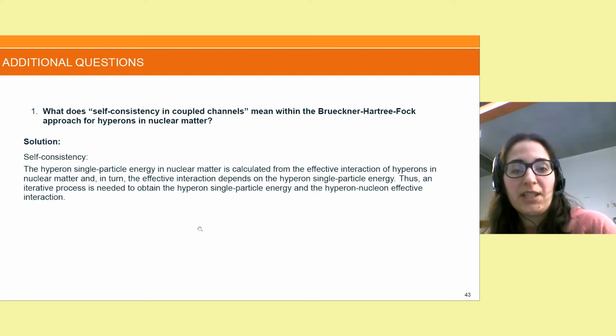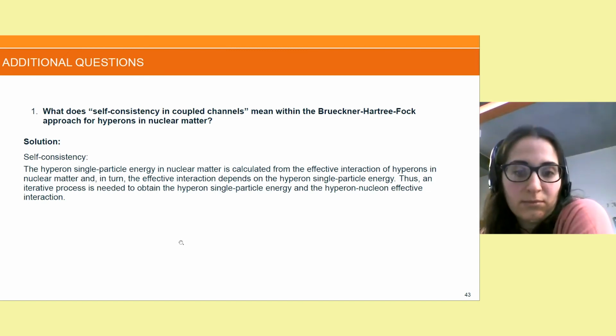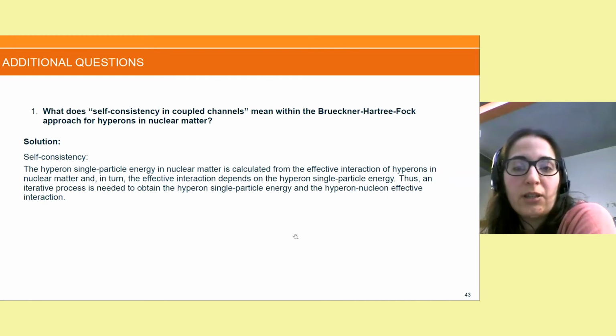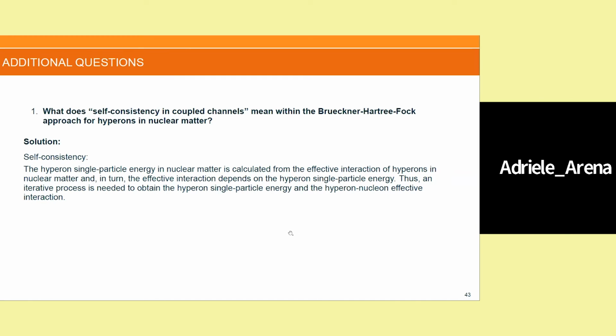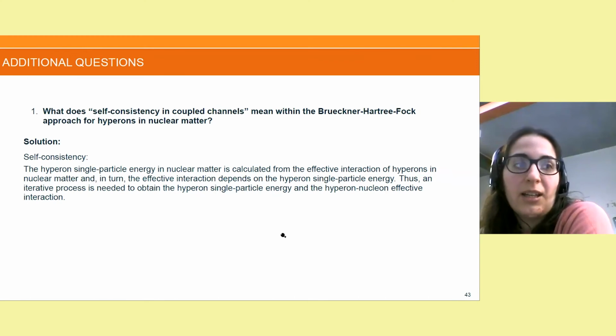And coupled channels, what does it mean? Maybe she was talking about processes, two particles in, two particles out, for example a hyperon and a nucleon. Yes, usually you solve your problem in a sector, for a given isospin number and a given strangeness, so you have a given channel.